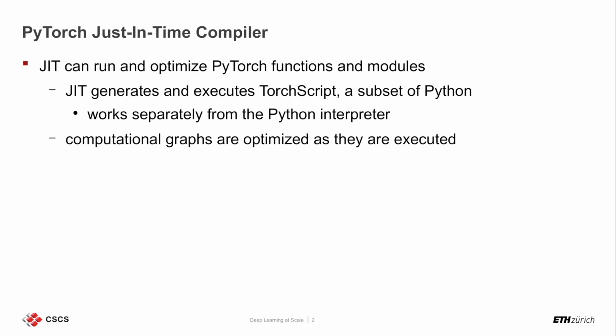So, JIT, the just-in-time compiler, can optimize arbitrary PyTorch functions or modules, and it generates TorchScript from the Python code, which can also be saved and loaded later on. TorchScript is actually a subset of Python.